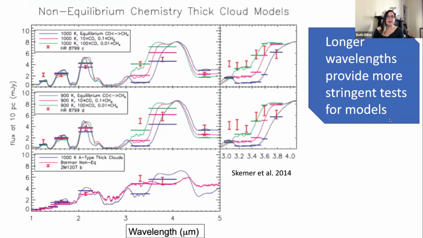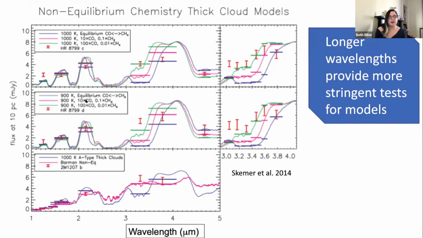But in general, it's not just this particular feature. Longer wavelengths provide more stringent tests for model atmosphere predictions. This is looking from 1 to 5 microns at spectra of two of the HR 8799 planets and 2MASS 1207b. The details of these different models are not super important. These are different thick cloud and non-equilibrium chemistry models.